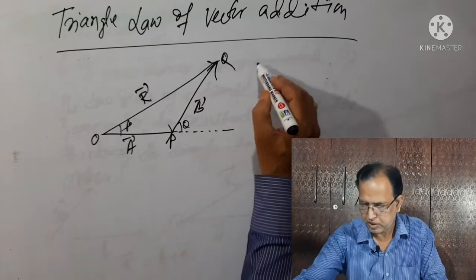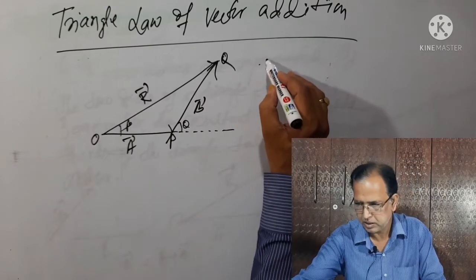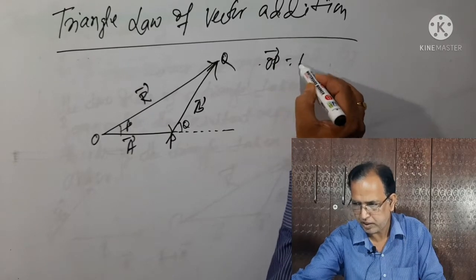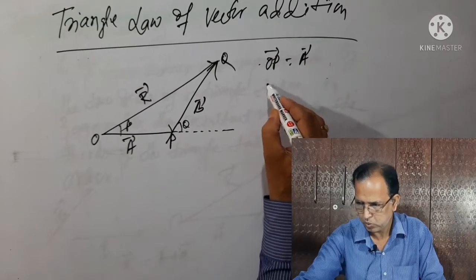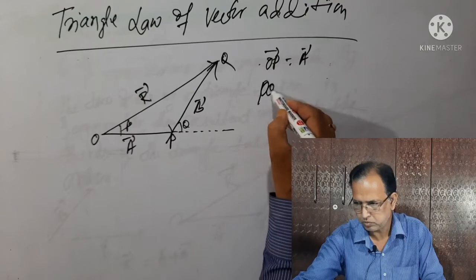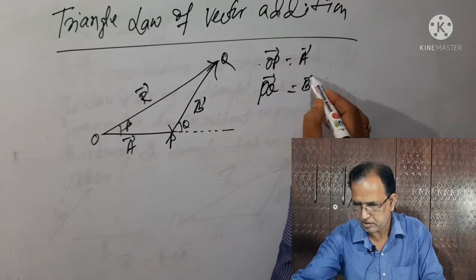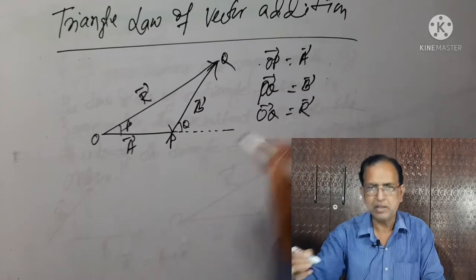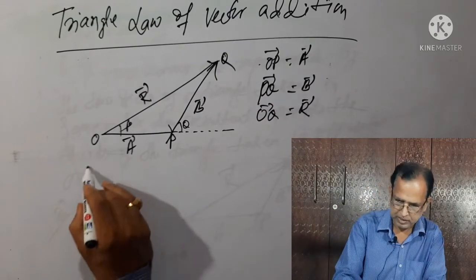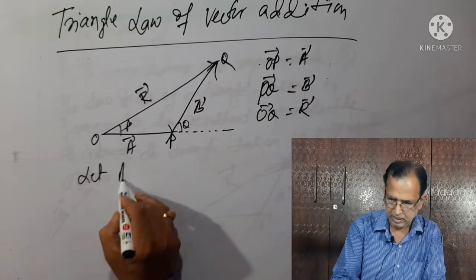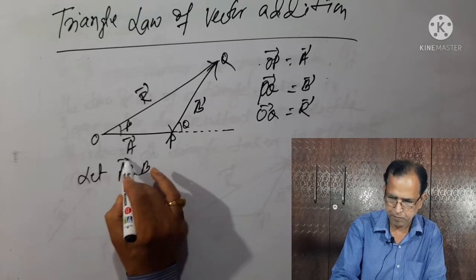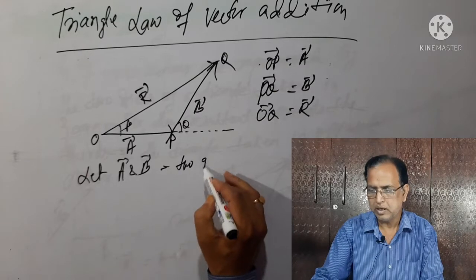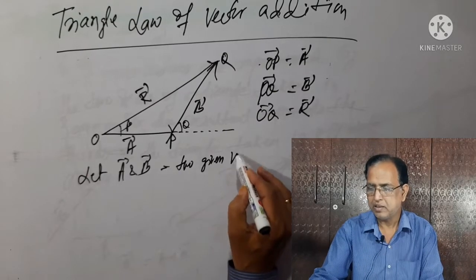OP is your A vector, PQ is your B vector, OQ is your R vector. Let A and B be two given vectors.